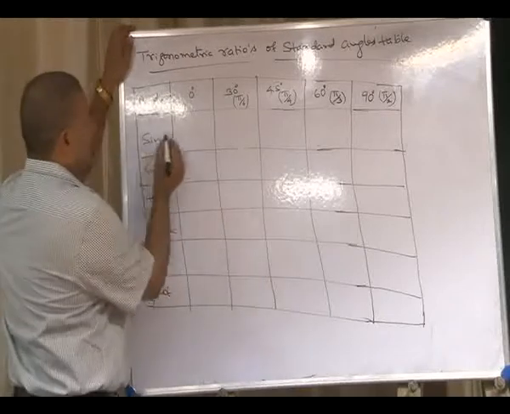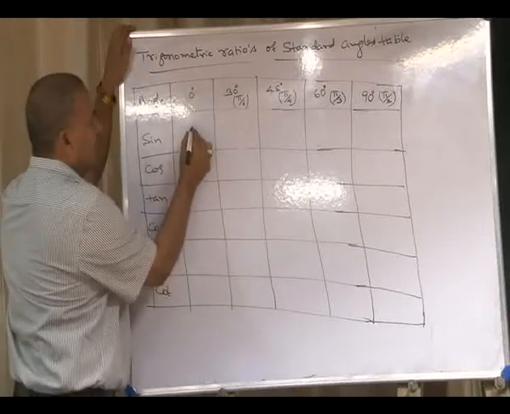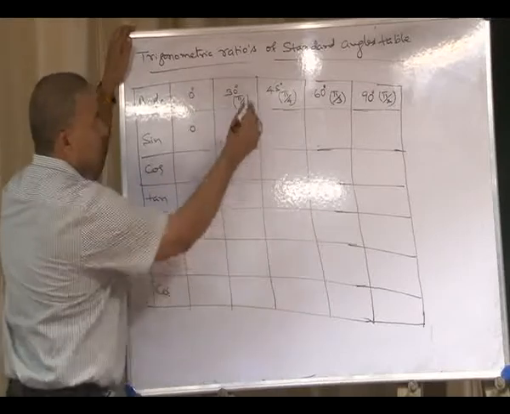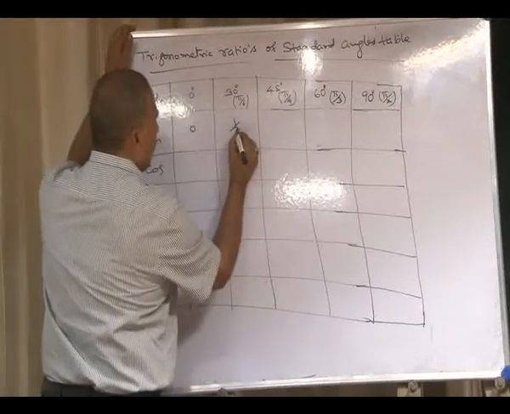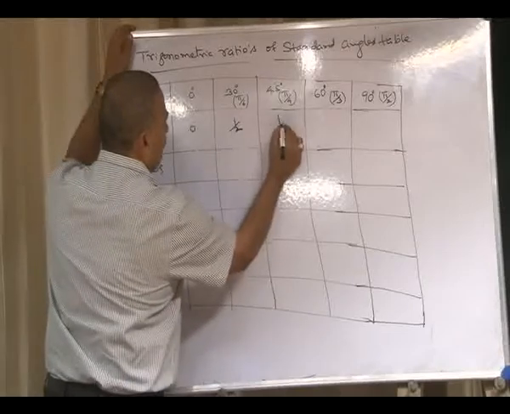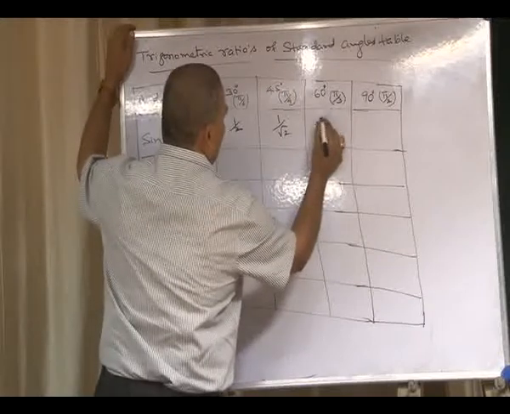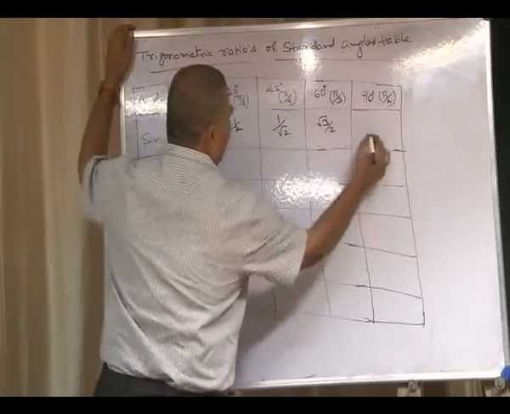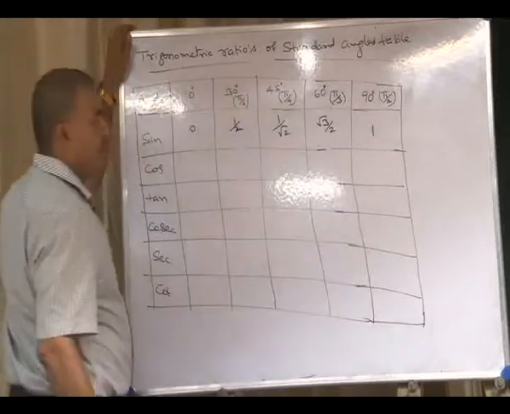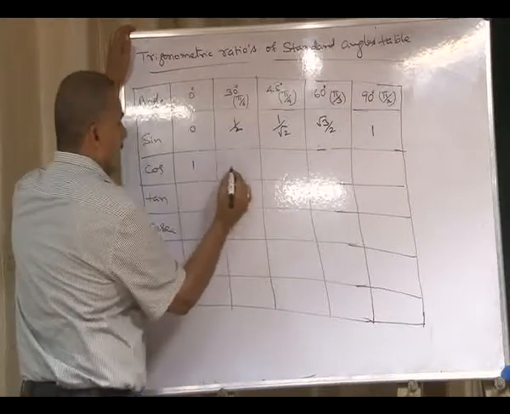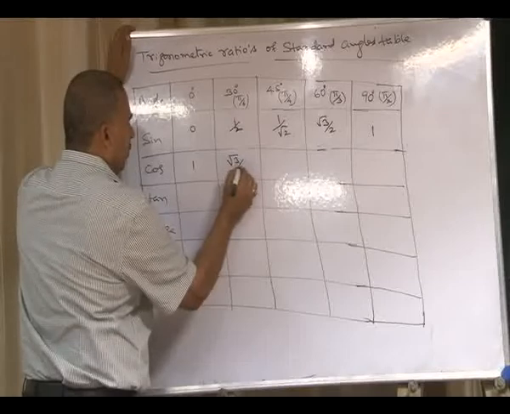That is the value of sin 0 degree is 0, sin 30 is 1 by 2. Sin 45 is 1 by root 2. Sin 60 degree is root 3 by 2. Sin 90 is 1. Cos 0 degree is 1. Cos 30 is root 3 by 2.